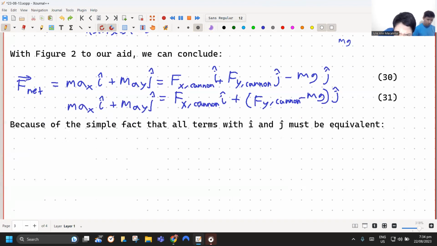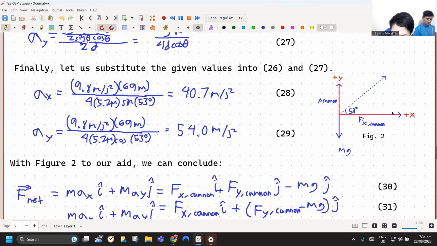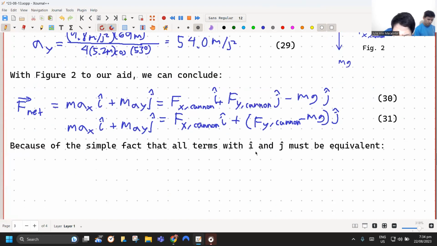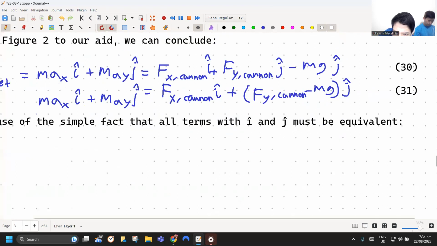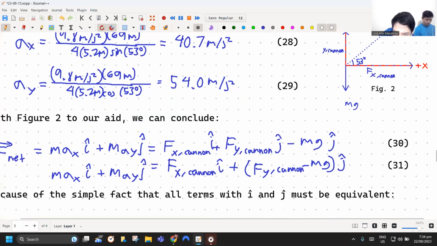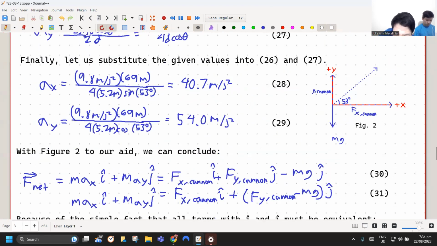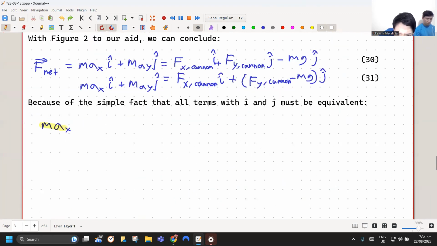All terms with i hat and j hat must be equivalent, which means every force going in the x direction should be equal to the forces going in the x direction, which makes a lot of sense. For the y direction, it's the same thing. Every force moving in the y direction is equivalent to every force moving in the y direction. So now we can equate all of those.